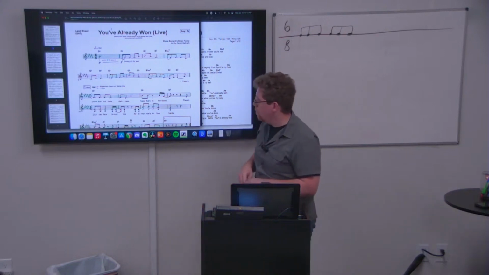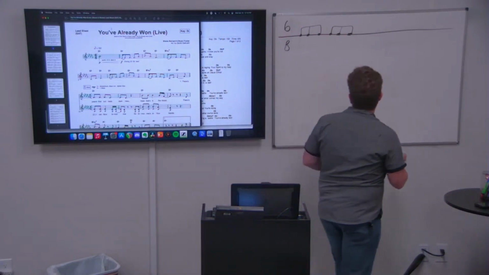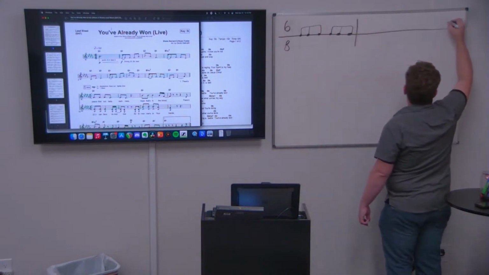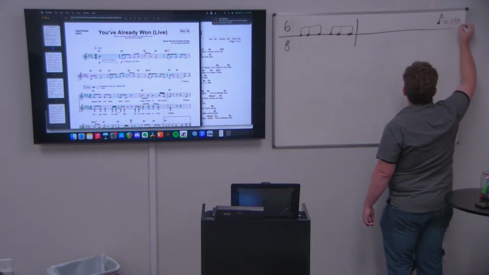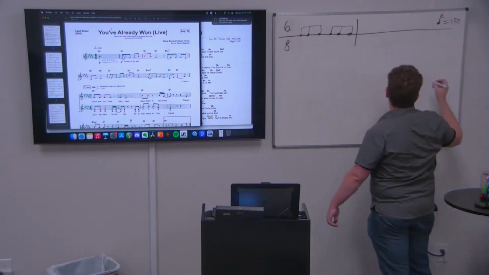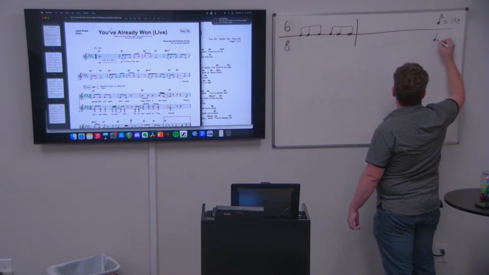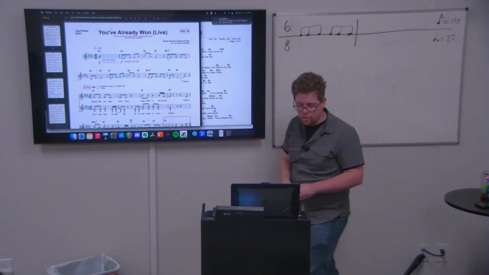And so what's the tempo? Our tempo here says an eighth note equals 152. Now, 6/8 time signatures are not always written as the eighth note equals. Sometimes they're written as the dotted quarter note equals, because a dotted quarter note is equal to 3 eighth notes.